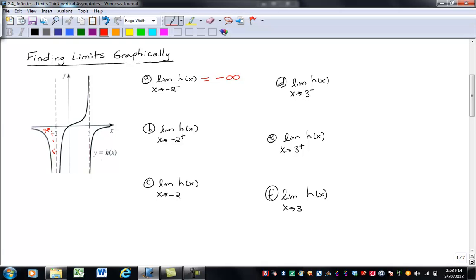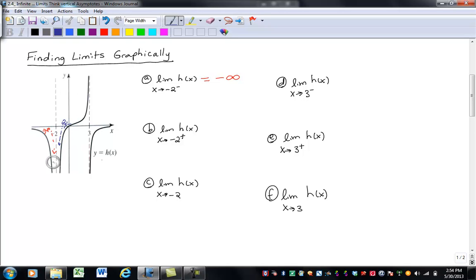Part B is the limit as x approaches negative 2 with a positive superscript. That's the limit as x approaches negative 2 from the right of h of x. To calculate this limit, I have to stand to the right of negative 2 and see where the graph is going. There's a vertical asymptote at negative 2, so I know the limit is plus or minus infinity.